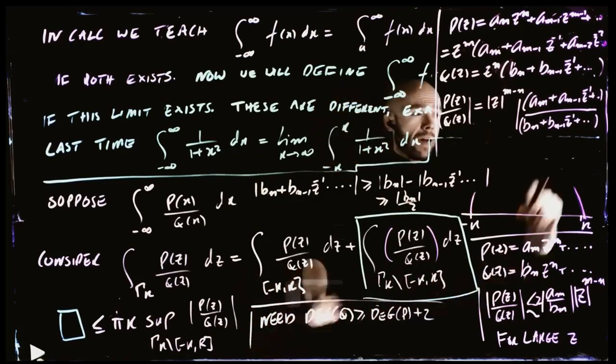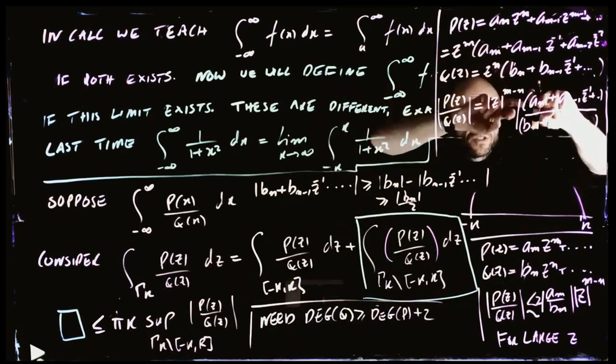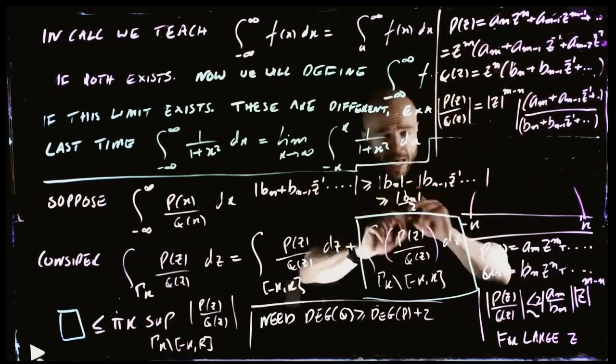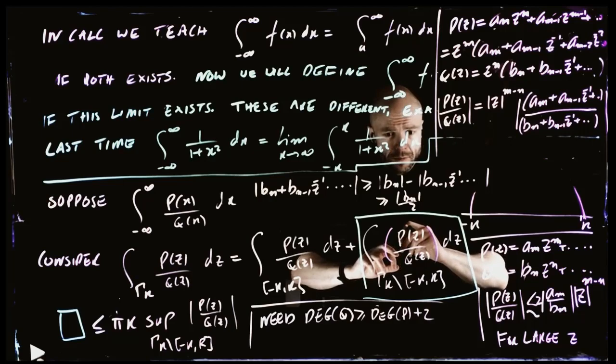Okay, so we have that the top part is less than twice the absolute value of a_m, and the bottom part is at least the absolute value of b_n over 2, for all large enough z.